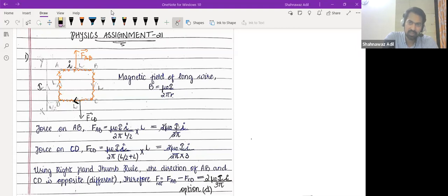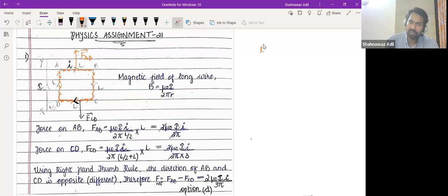Inward. So inward, we have cross. The magnetic field is in inward direction, because for this current on the right hand side, the magnetic field is in inward direction.